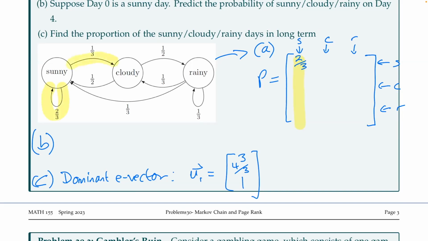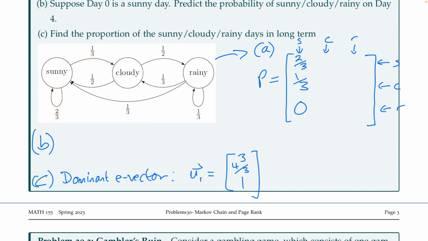Sunny to cloudy is going to be 1/3. And there's nothing from sunny to rainy, so this is 0. Quick check: it doesn't guarantee that your transition matrix is correct, but check that these columns always sum to 1. If they don't sum to 1, you've definitely made a mistake.